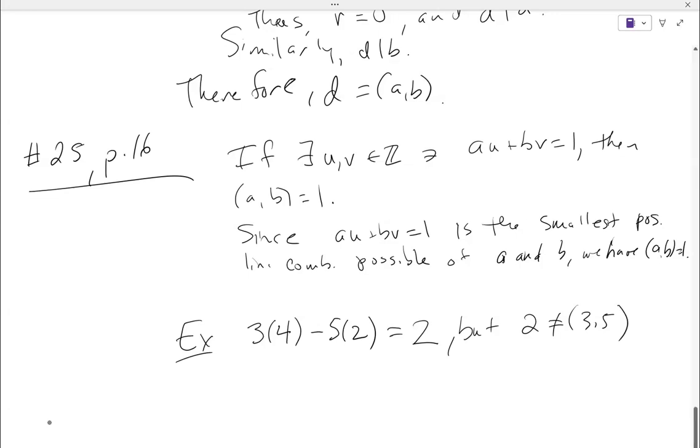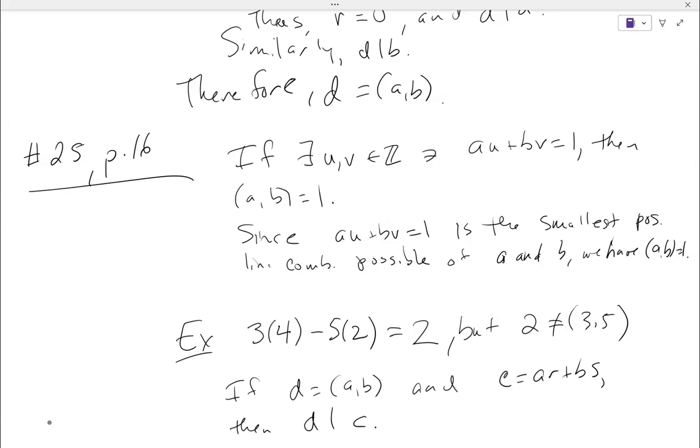So just because I have a linear combination that gives me a number doesn't mean that that number is the GCD. Now, we can say something about the number. It may not be the GCD, but since it's a linear combination of the two numbers, it has to be divisible by the GCD. So if D is the GCD and we have C equals AR plus BS, then certainly D does have to divide C by the same properties we've been talking about.